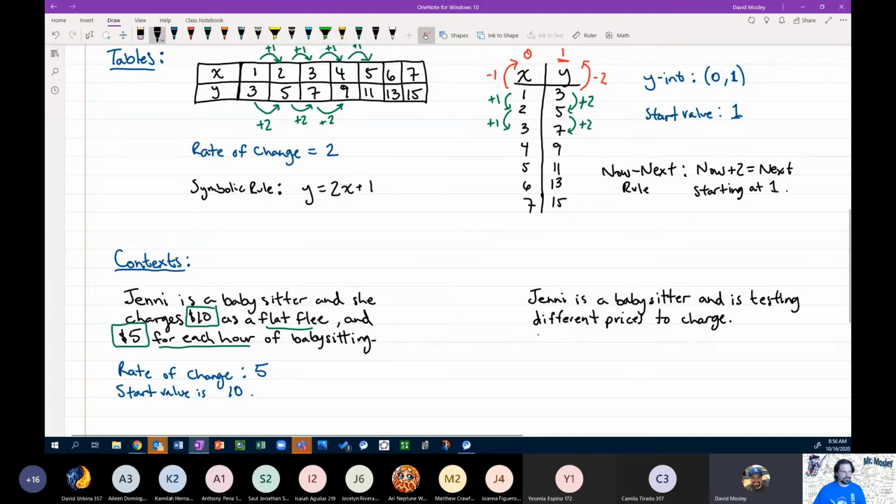When she charges $12 per hour, she gets, say, 5 clients a week.